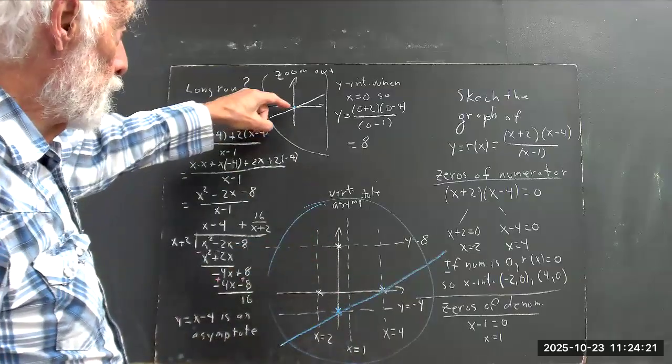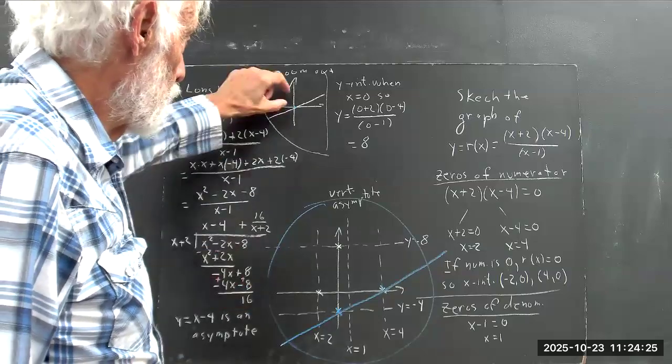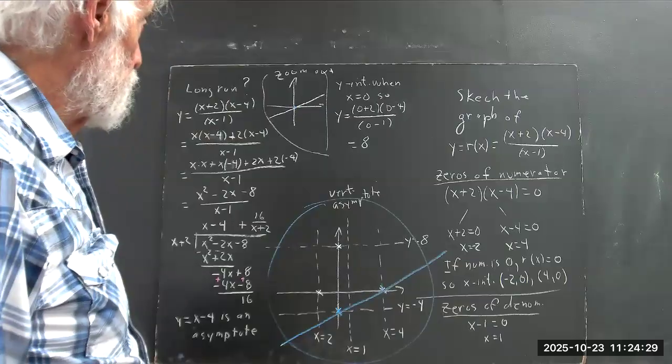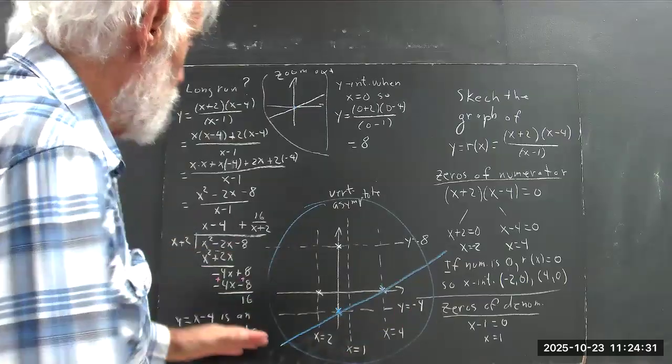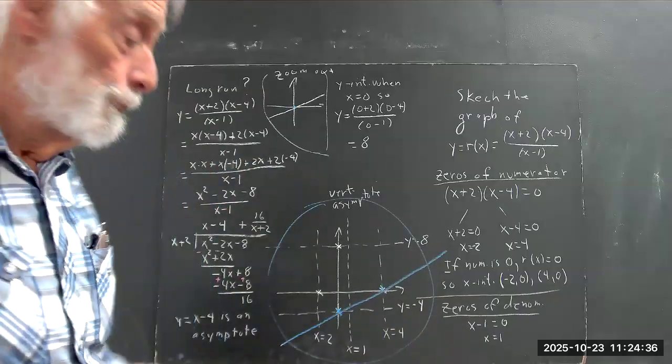So you've got your wiggles and your asymptotes in this little region that we're magnifying down here. When you get out of this region, right there is the line that the graph has to approach.